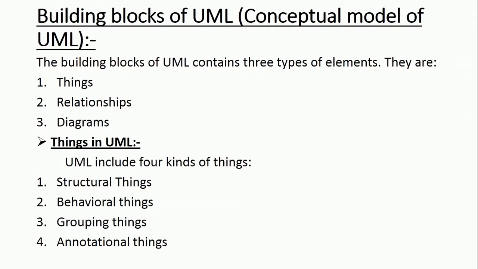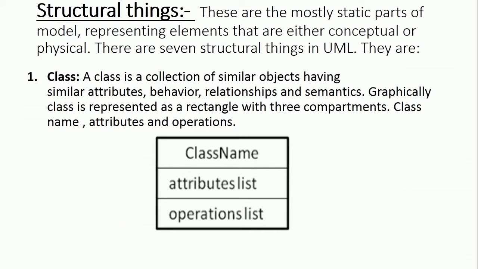Okay. So first of all, we will discuss the things. Structural things. These are the mostly static part of the model, representing elements that are either conceptual or physical. There are 7 structural things in UML. They are classes. First is class.